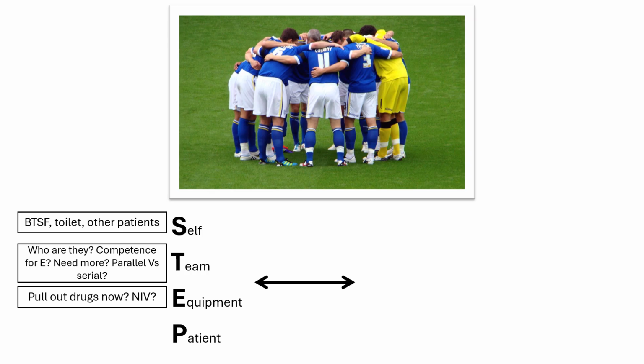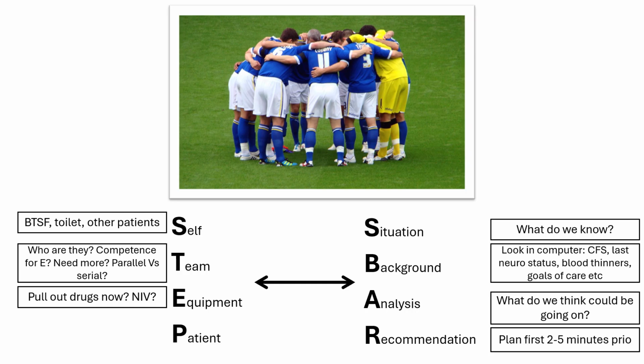At some point, you also have to think about the patient, and for the patient walkthrough with the team, I usually use the SBAR. You can use whatever you want actually, but I usually use the SBAR. That's what we teach in the EMCC, right? So this would be the situation. What do we know?